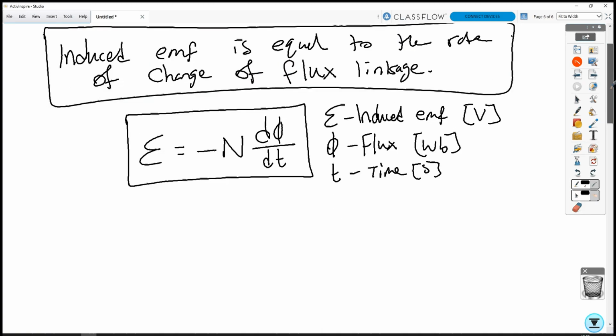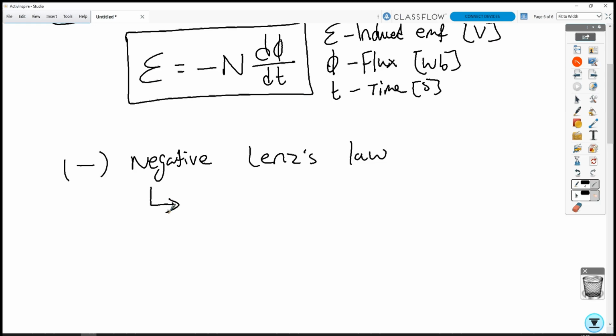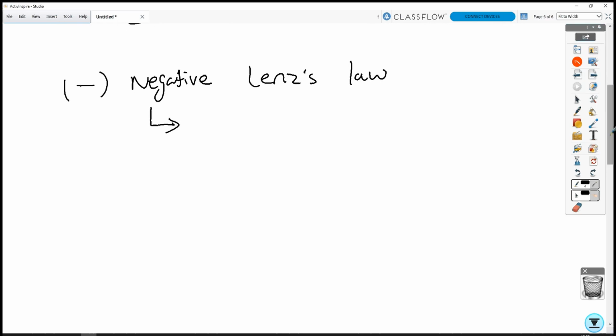Now that negative sign refers to Lenz's law, which we'll talk about in a moment. And that basically means that the induced EMF tries to stop you from making that EMF. It opposes what is creating it.